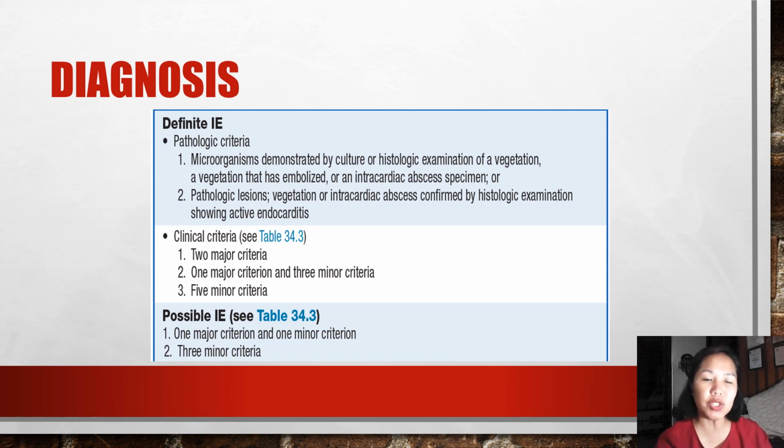The diagnosis of infective endocarditis requires 2 major criteria or 1 major criterion and 3 minor criteria or 5 minor criteria. Those with possible infective endocarditis may have 1 major criterion and 1 minor criterion or 3 minor criteria.